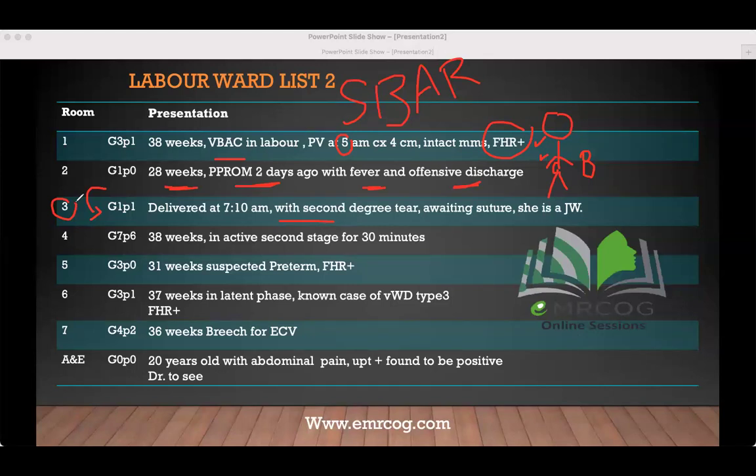And one important thing: you start the resuscitation, ABC, of course, two wide bore cannulas, and you start the fluids. Very importantly, you have to send blood investigations and check whether the patient would accept blood transfusion or not.